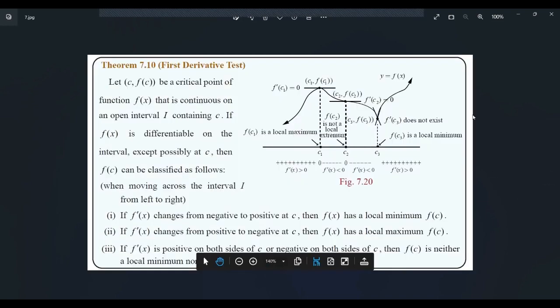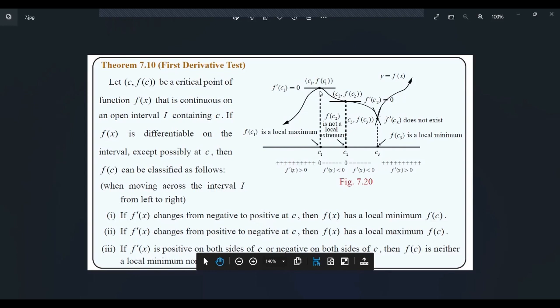So the first derivative test is used to find relative local maxima and local minima. So let's see, local minima and local maxima. They are actually the minimum and maximum values in the vicinity. So if a function point is a local minimum, then to the left and right side of it, we have values greater than it.